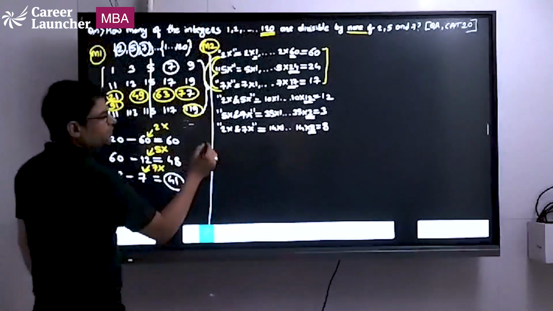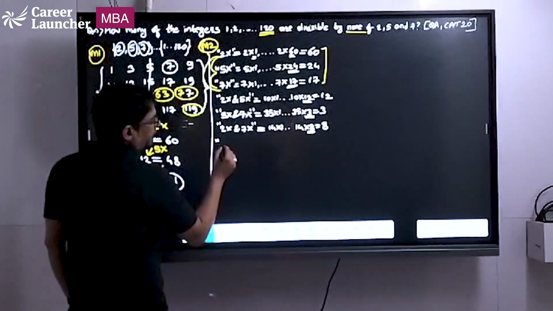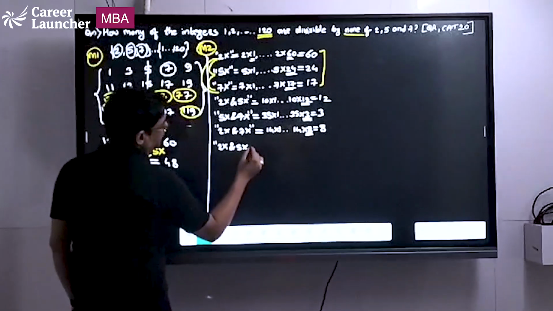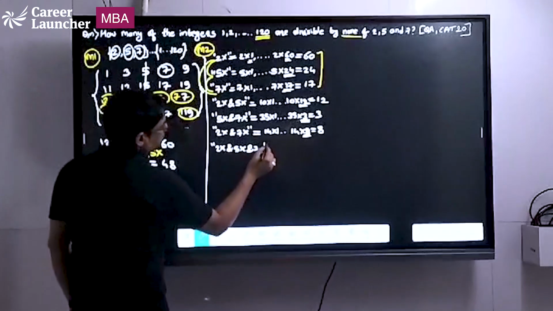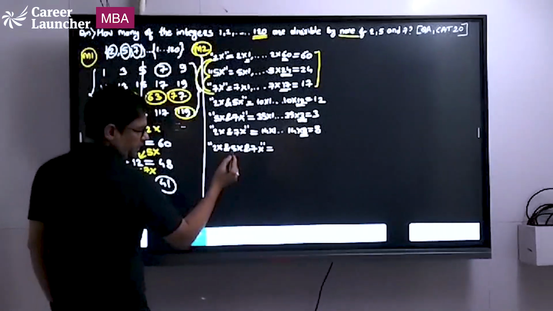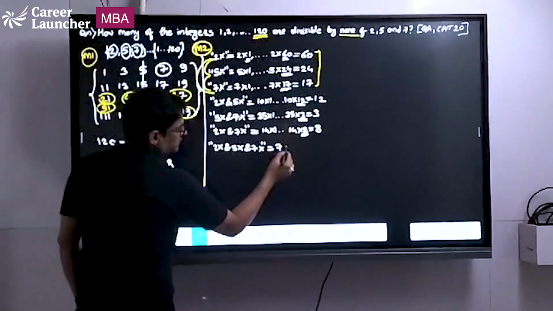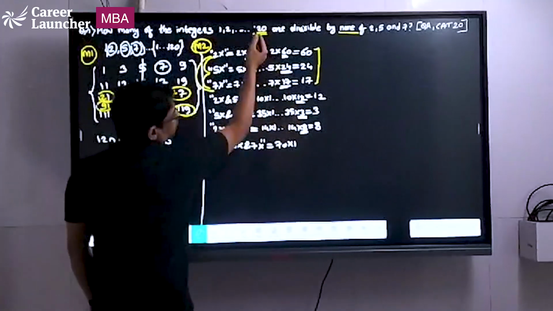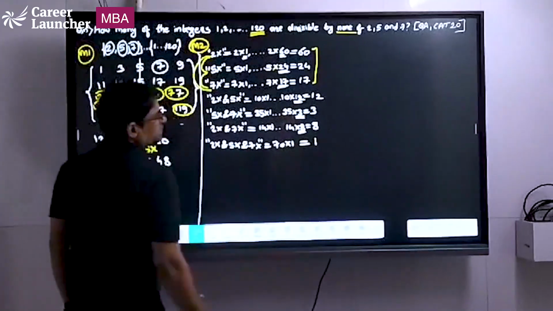Lastly, I will be finding numbers which are multiples of 2, 5 and 7. What would be the smallest such number? 2 into 5, 10. 10 into 7, 70. 70 into 1, 70. 70 into 2, 140 goes beyond. So I have one such integer.